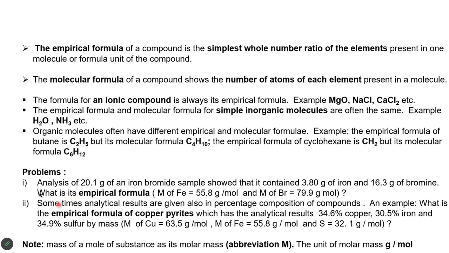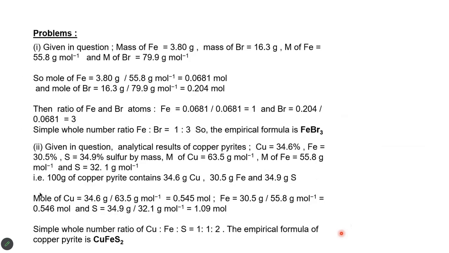I want to note that M is the abbreviation for molar mass, in gram per mole. The molar mass is given for iron and bromine in your question, and here for copper, iron, and sulfur too. So if we take this information, we can calculate the empirical formula. In the next slide, we show the calculation.